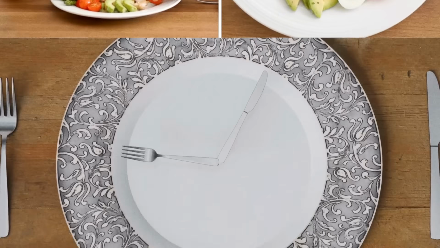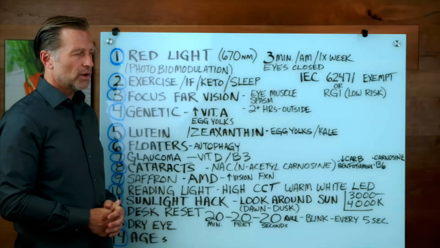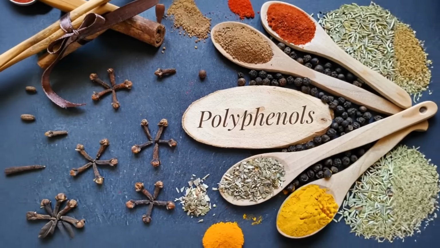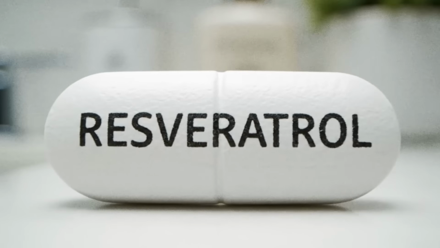And again, this can also help if you have advanced visual problems involving your lens being very rigid, or you have a lot of complications from diabetes anywhere in your body, or you have advanced cataracts. You need to be doing all these things I'm mentioning. Exercise is a big one as well. Polyphenols, like certain herbs like turmeric, resveratrol, and even dark chocolate.